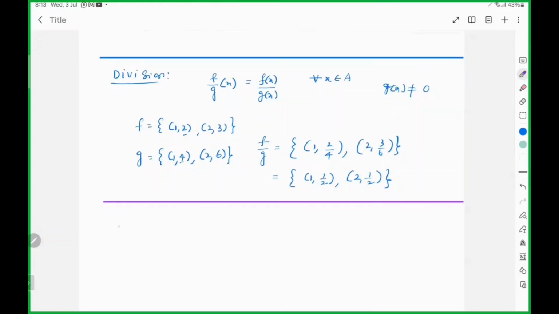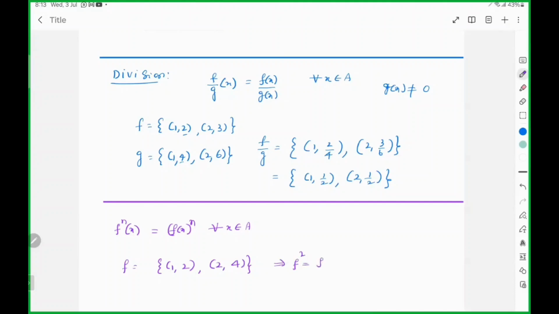Next, f power n of x is defined as f of x whole power n, for all x belongs to A. For example, if I take f as 1 comma 2, 2 comma 4, what is f square?